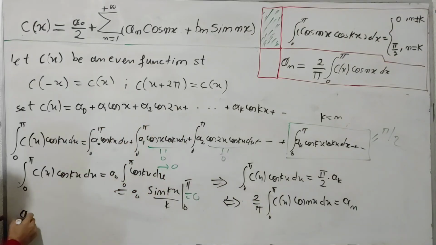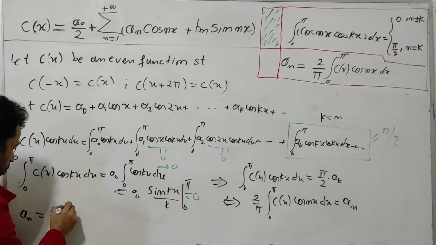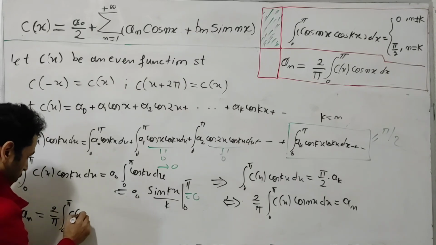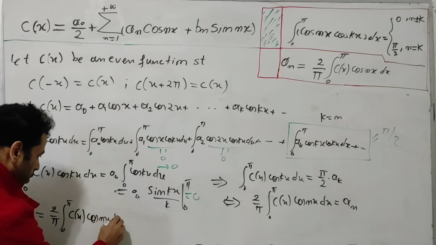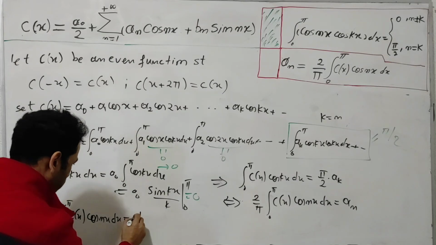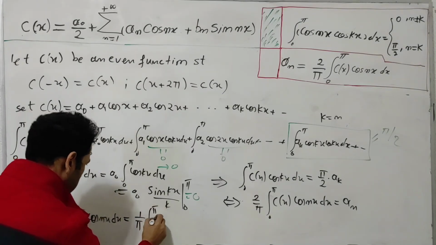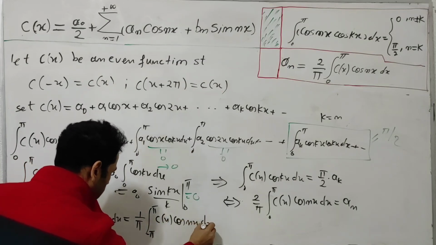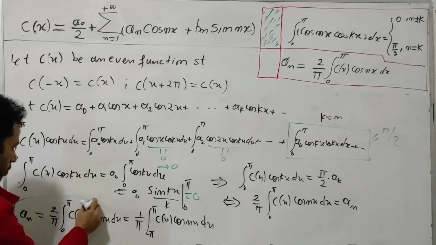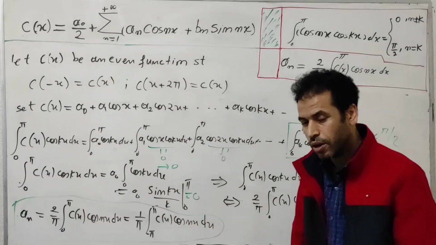So a sub n equals 2 over pi multiplied by the integral from 0 to pi of c of x cosine nx dx, which equals 1 over pi times the integral from minus pi to pi of c of x cosine nx dx. Okay, so now I have proven this one. I am done with this proof.